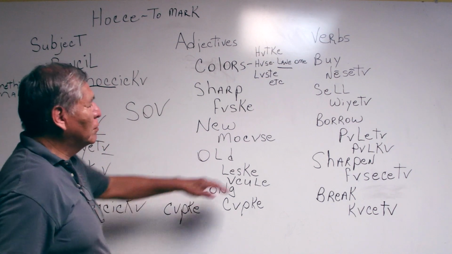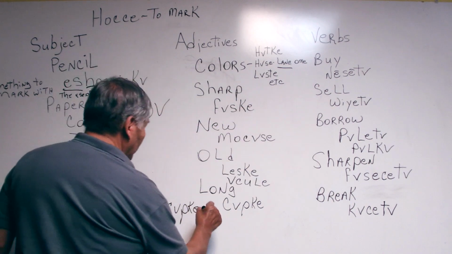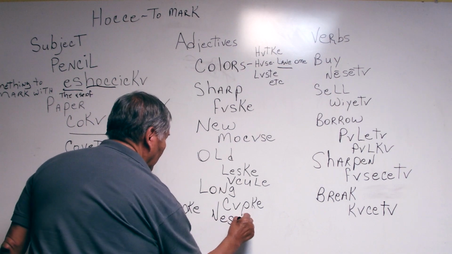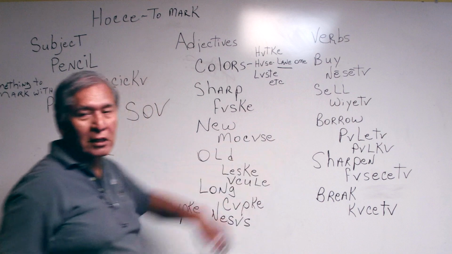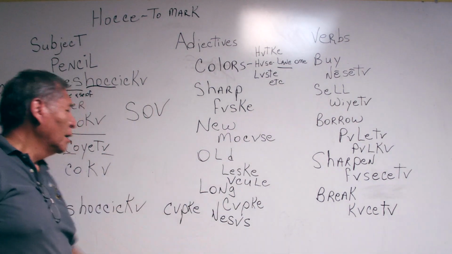And then we're going to use a form of to buy. So I'm going to tell you to buy a pencil. Nisas. This is a form of nisida. Nisas. Eshoccickv chapki. Nisas.